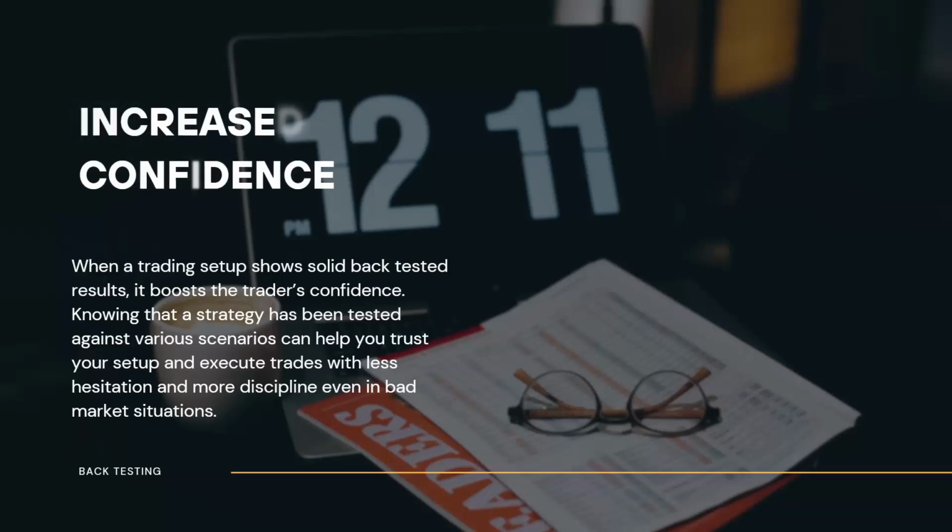Why are we doing backtesting? The main reason is when you are going to start trading a particular trading setup with your real hard-earned money, you should understand that you could be a very good trader, you could be a very good analyst, but if you do not have confidence in your particular trading setup, you will not be able to execute trades in times when markets are not very friendly to you.